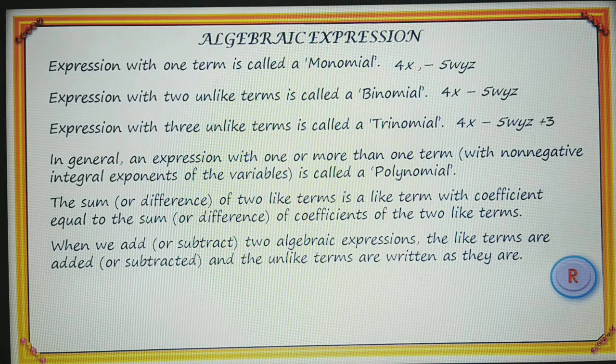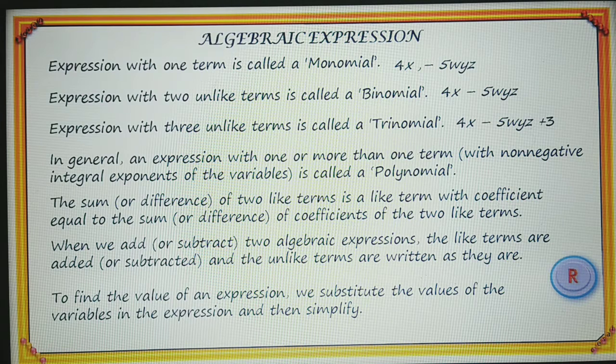When we add or subtract two algebraic expressions, the like terms are added or subtracted and the unlike terms are written as they are. We cannot do anything with them. To find the value of an expression, we substitute the values of the variables in the expression and then simplify.